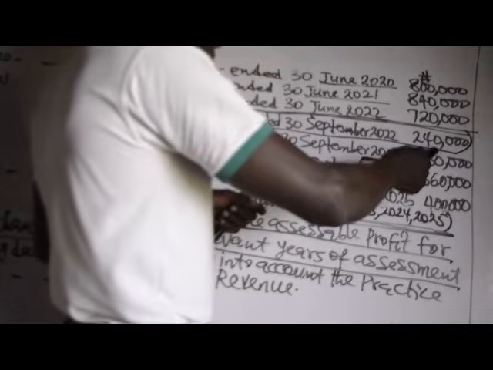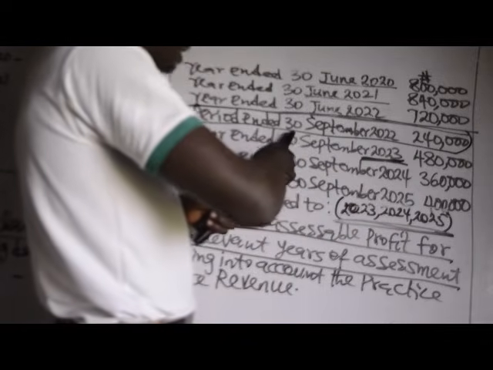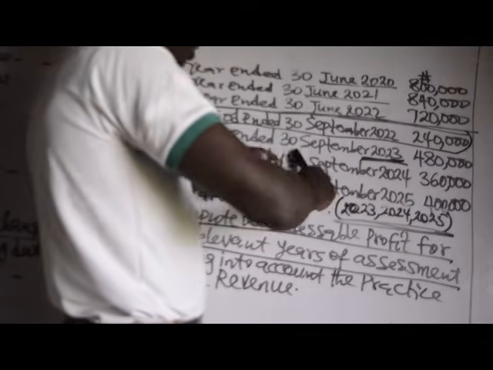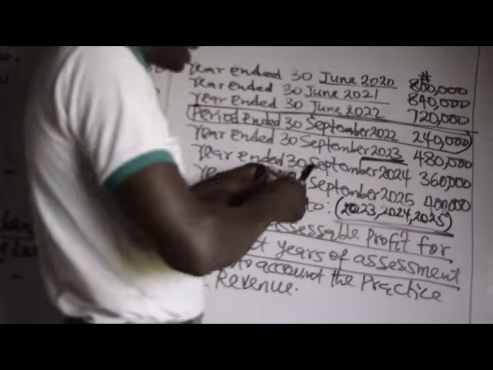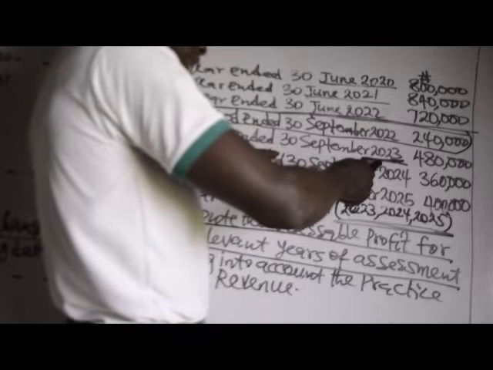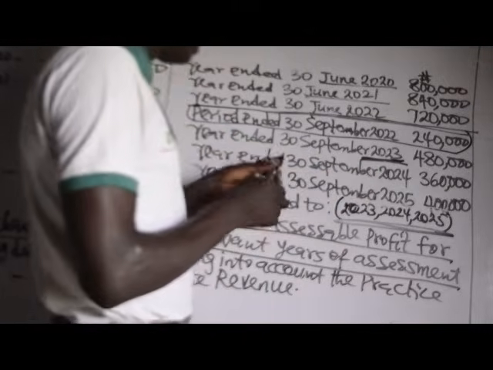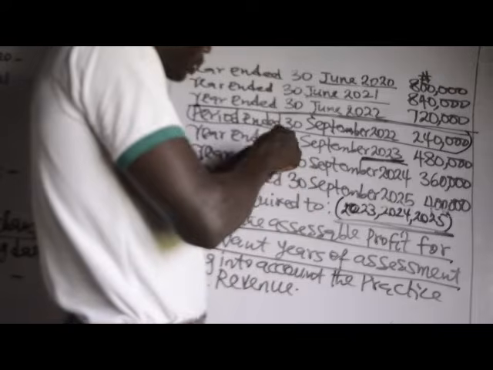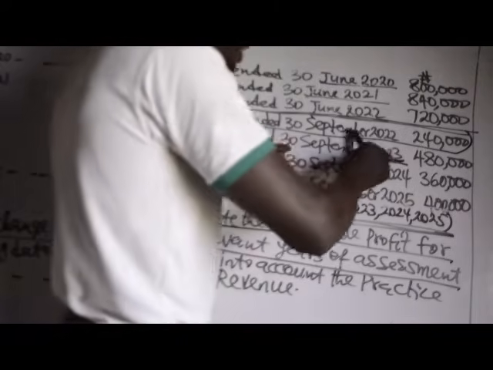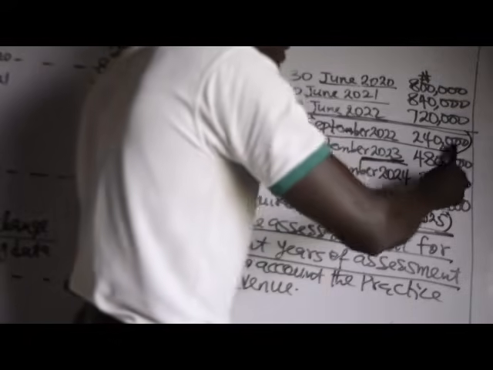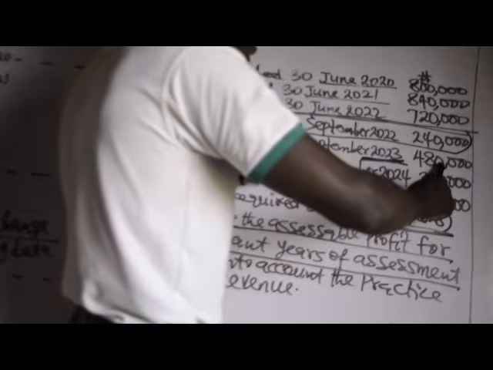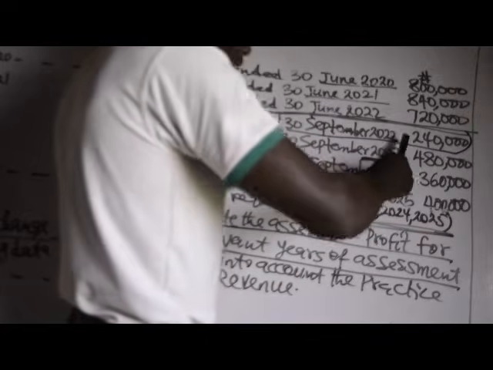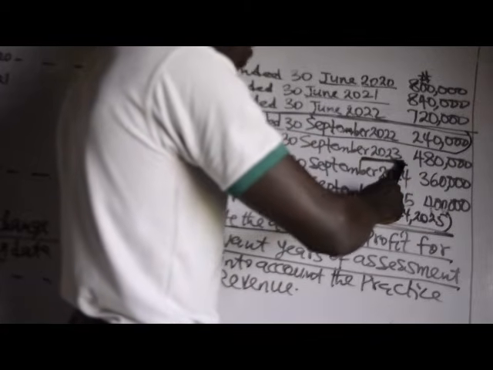And you are given profit from October 2022 to September 2023, which is a profit of 12 months. But we are still in need of additional 9 months from these 12 months. That means you will take the whole of the profit of these 3 months, then you take 9 months from these 12 months. 3 months plus 9 months will make 12 months.